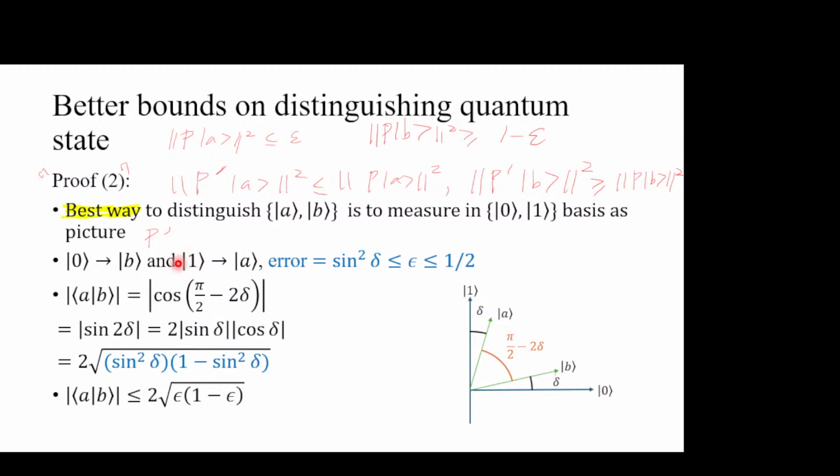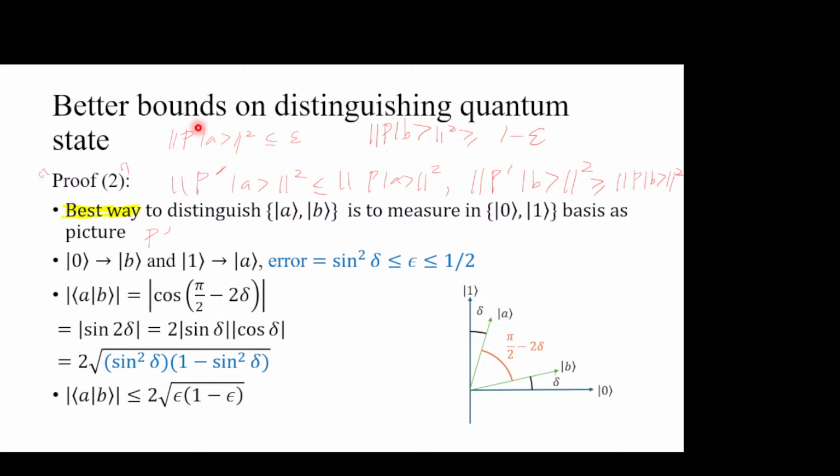By best we mean that its error is less than the error of any other measurement, at least the symmetric part.